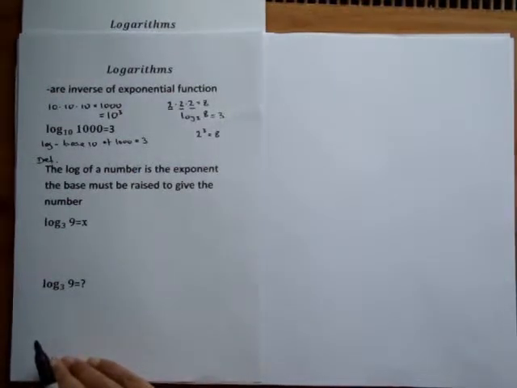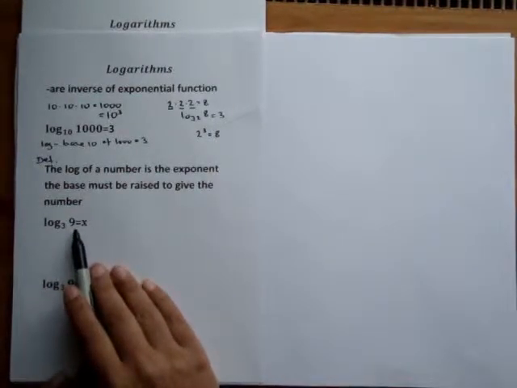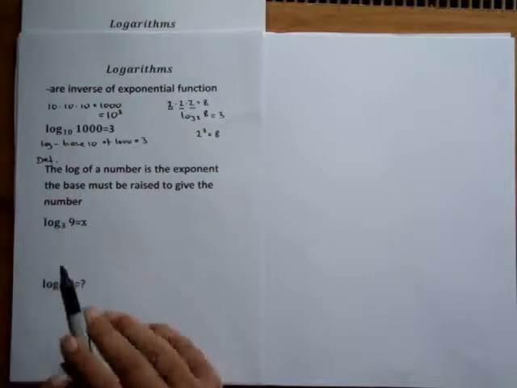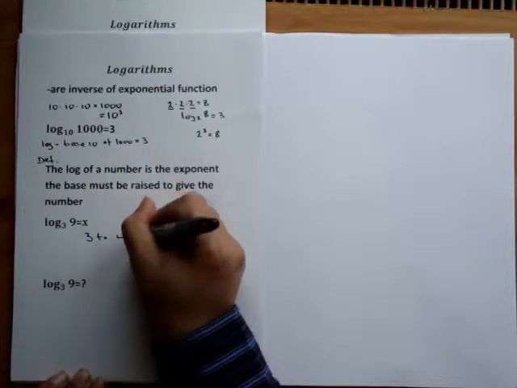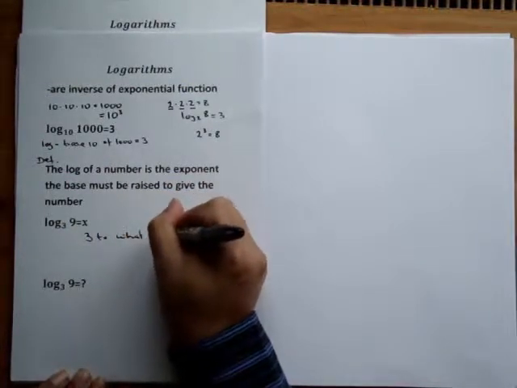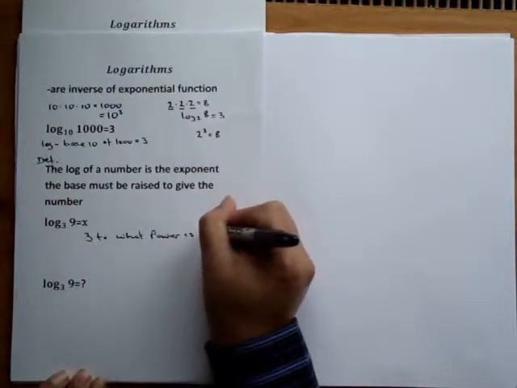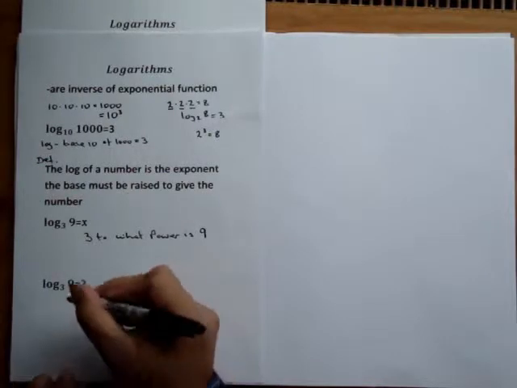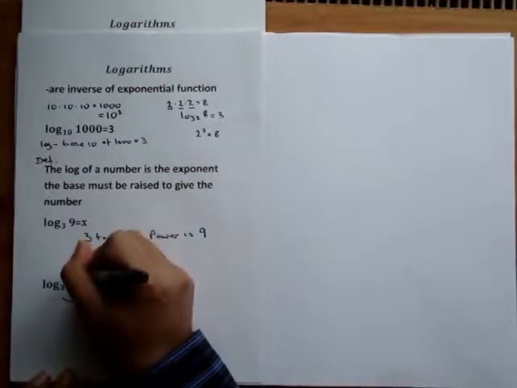Let's have a look here now. So in this question, 3 to what power, we can look at it like that. 3 to what power or exponent is 9. And what we do here is, I'd like to look at it like a little scorpion's tail. So it goes round, and then the scorpion's tail goes like that.